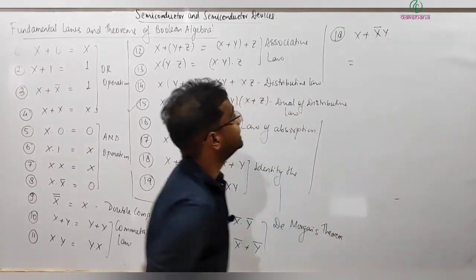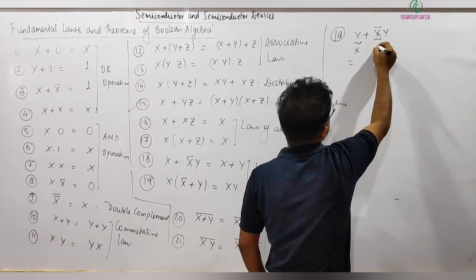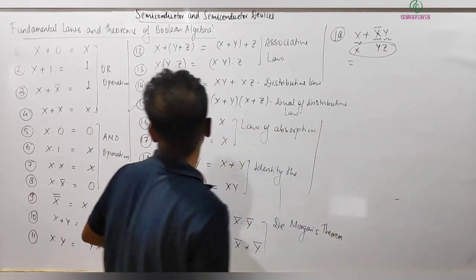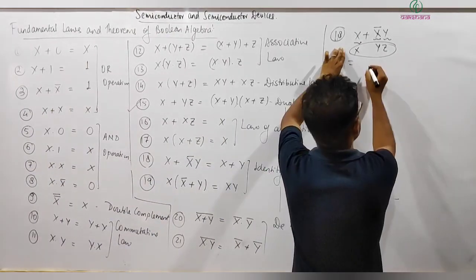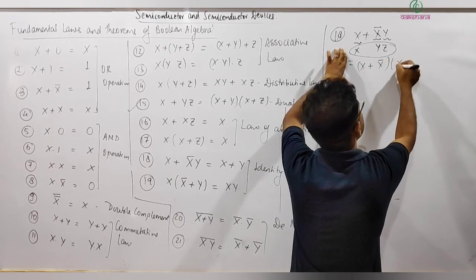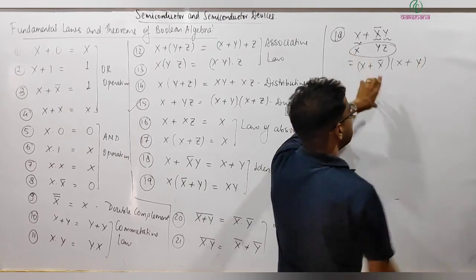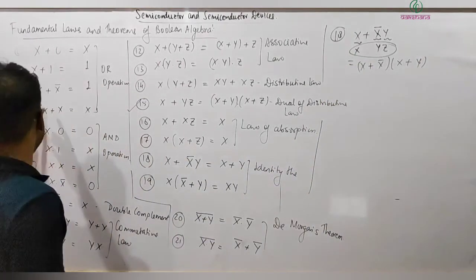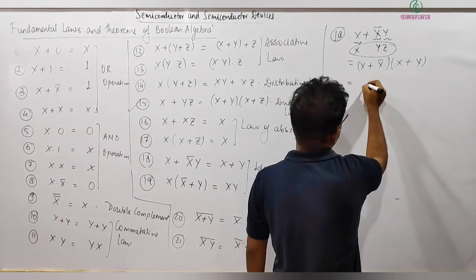Now treat this as x, this as y, and this as z. Then this seems to match something. I can write it as x plus y and x plus z, where z is actually y here. And x plus x naught is equal to what? X plus x naught is equal to 1. So you will get this equal to what?